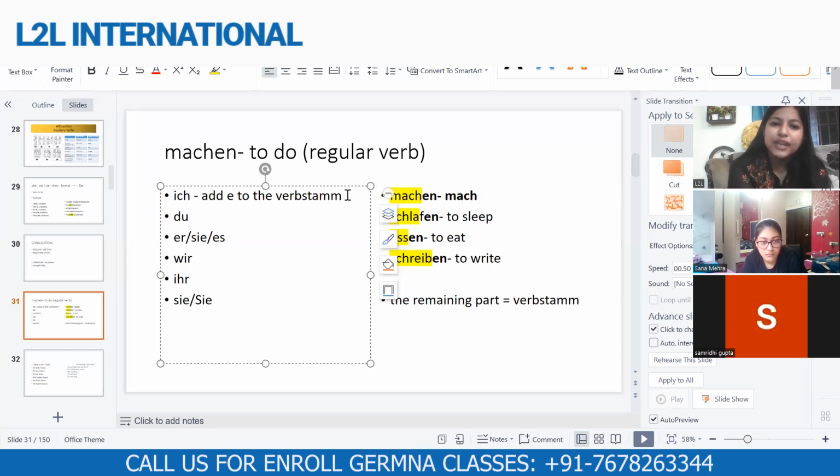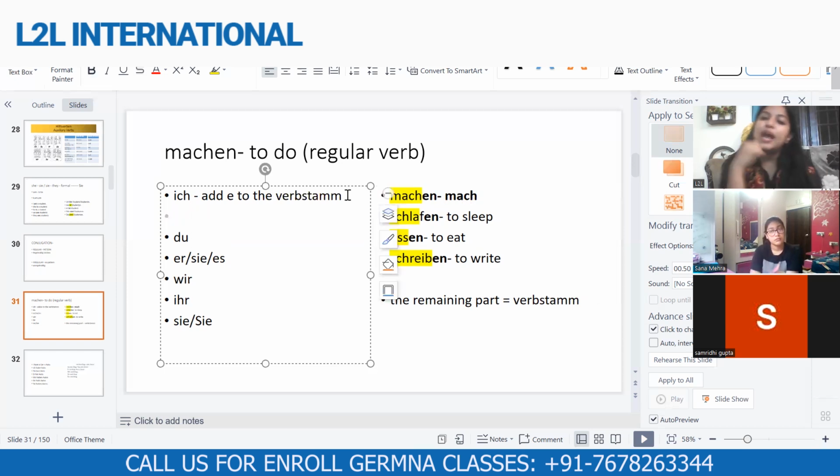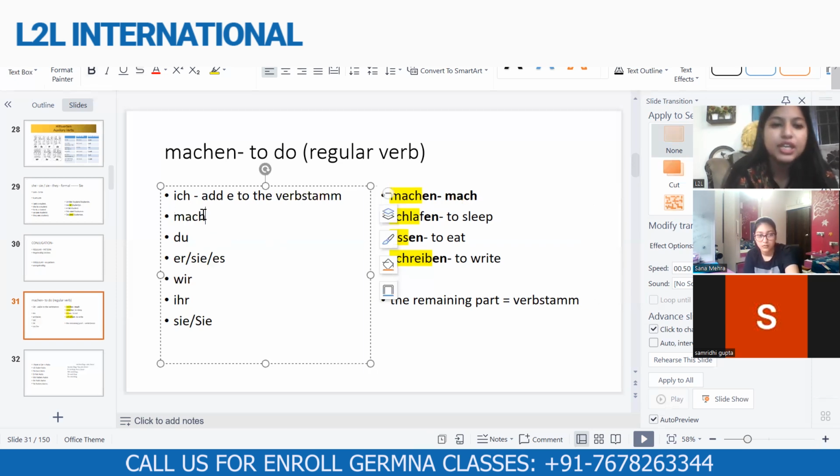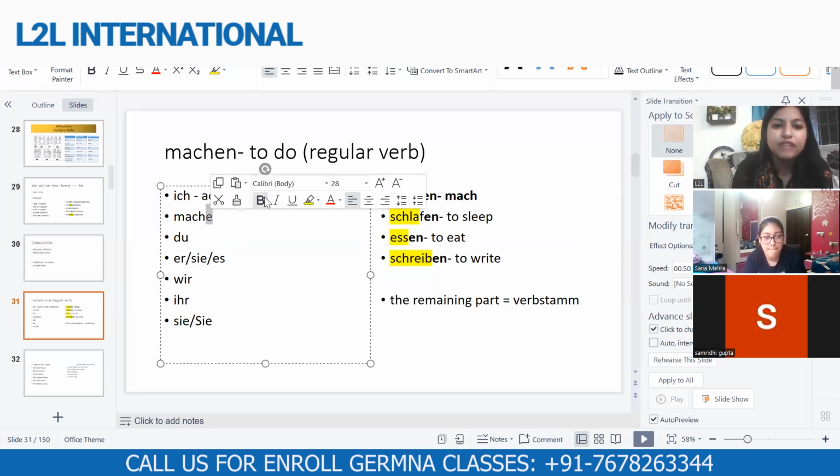In order to conjugate it with ich, we need to add an e. What will it become? Ich mache. So we just need to add an e to the verb stem while conjugating it with ich.